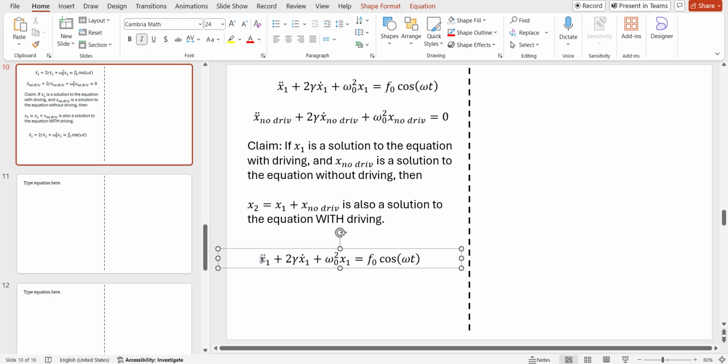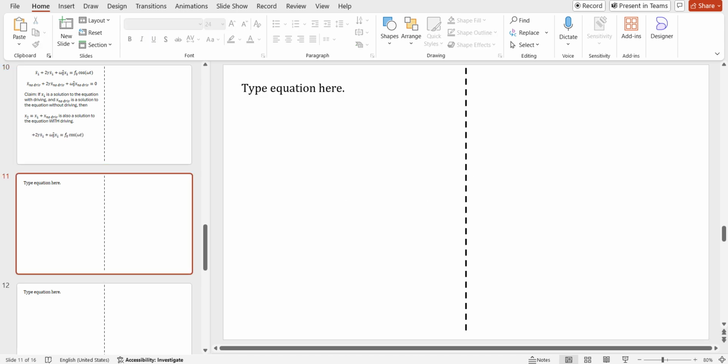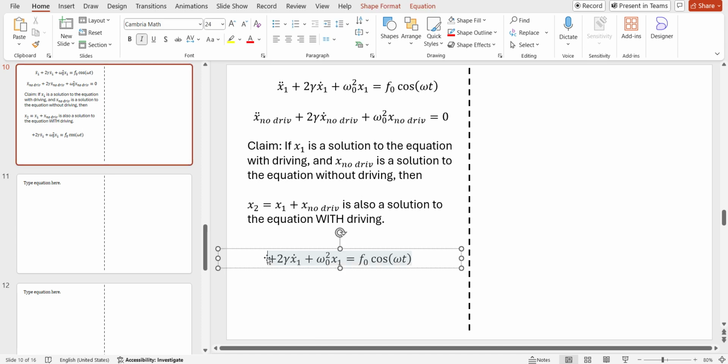So that means that, I'll do it the long way, x1 plus x no drive. Man, you guys already know where I'm going with this. You solved it yourselves. You're going to get the same thing. This is what you're going to get. Ready? I'm going to show you guys.